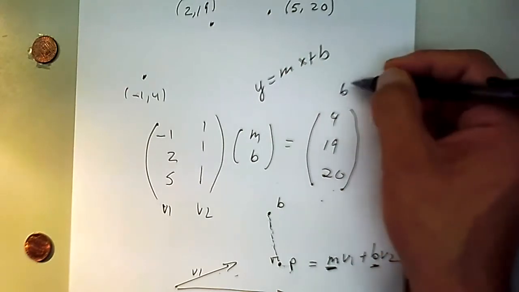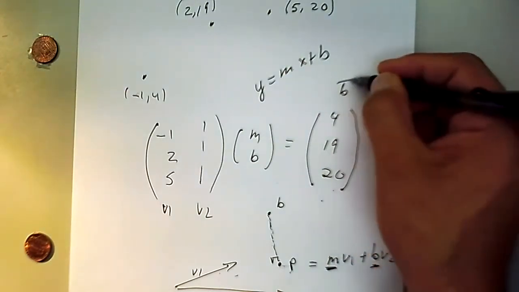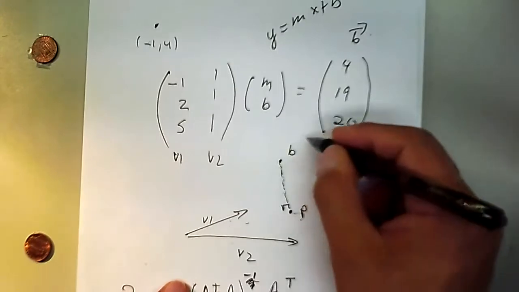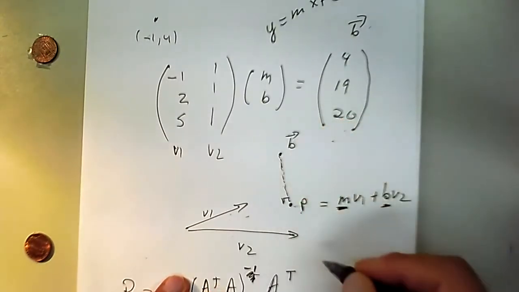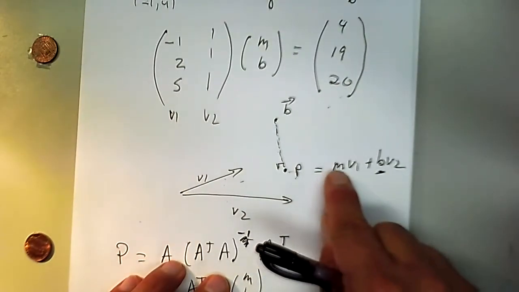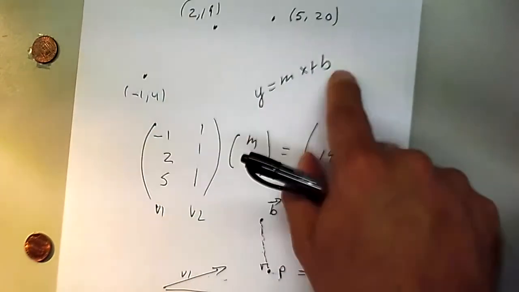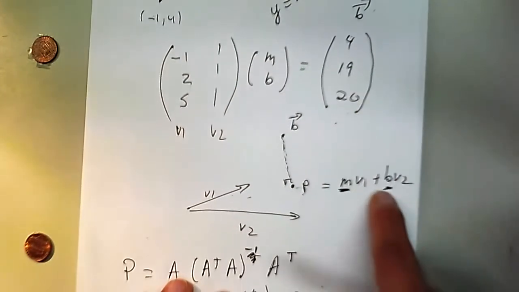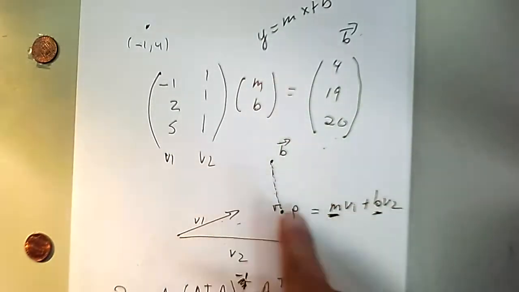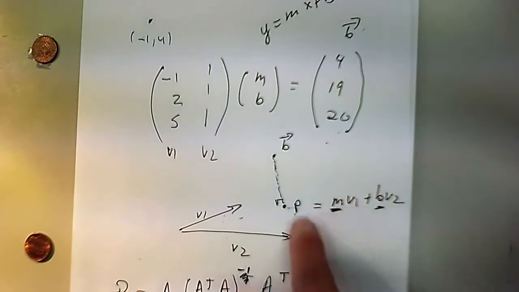This B corresponds to the vector. Sorry to use the B in two different ways. So this is the vector. And so we have a linear combination MV1 plus B, the scalar B, so that this B, not that B, the scalar B, those are the two unknowns, that this linear combination gives us the projection.